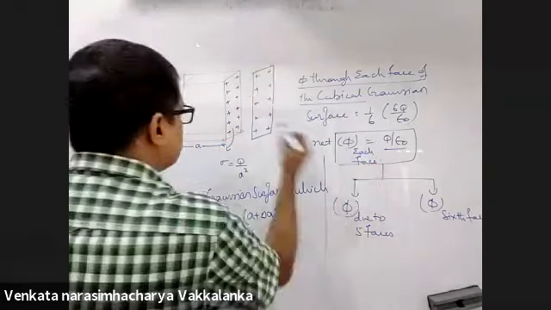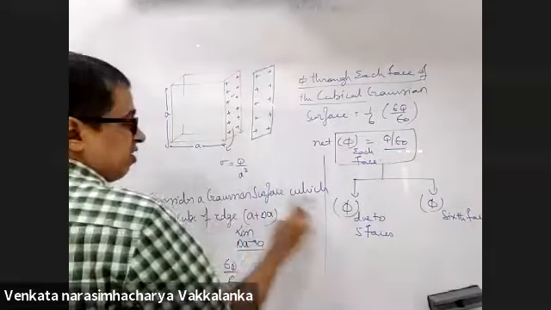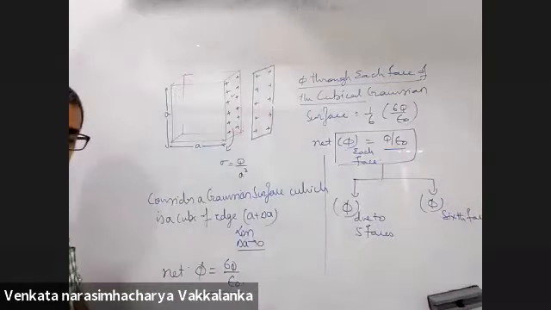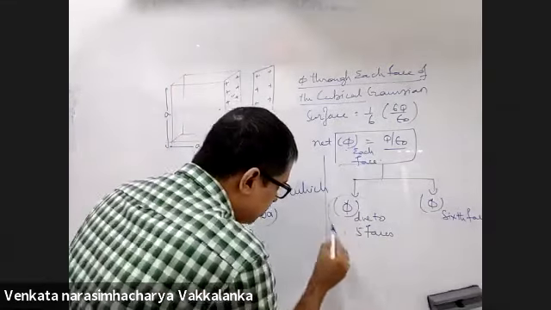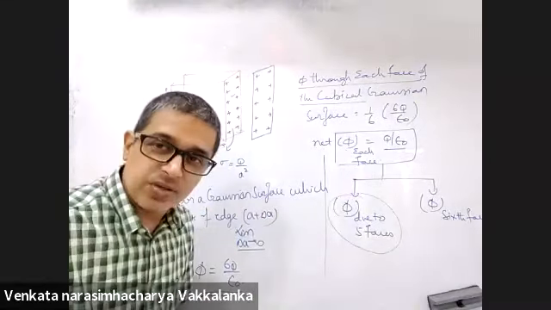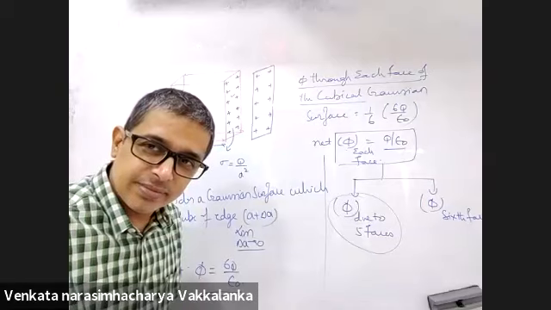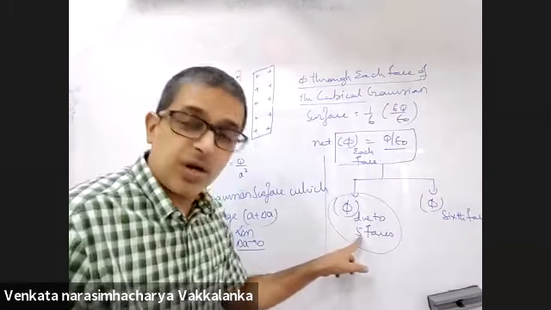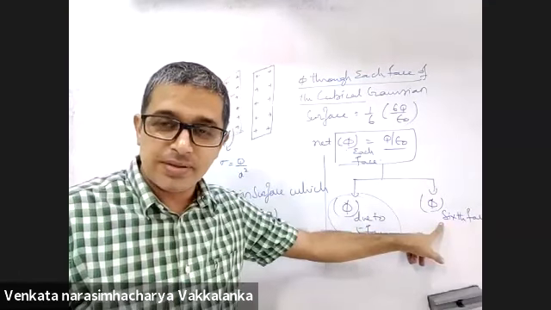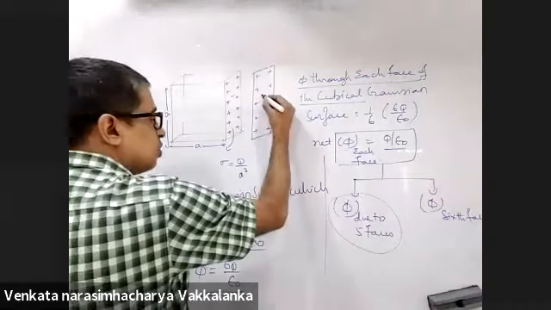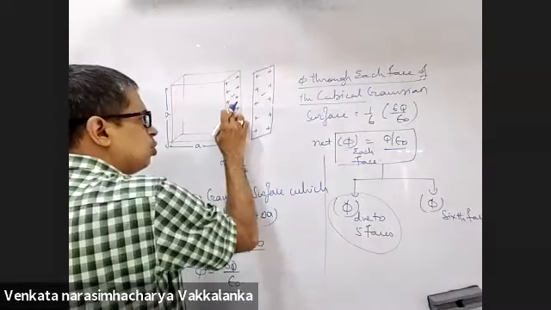Now this flux is due to this face and the 5 faces. Do you agree with that? Yes, sir. I am interested to calculate this. I am not in a position to calculate this, but I can calculate the flux through this due to this face.